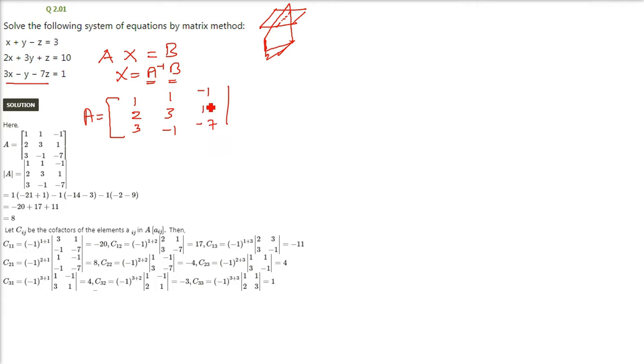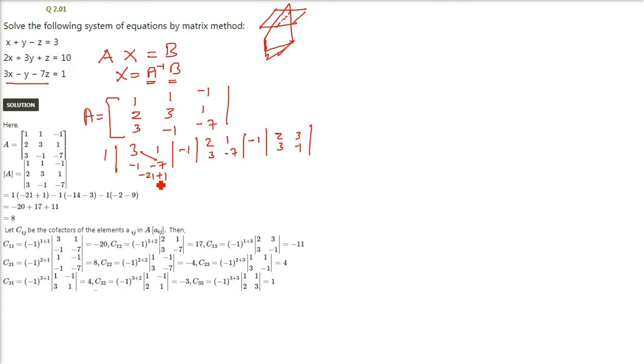So in order to find out the determinant, let us see the determinant. 1, you'll get 3, 1, minus 1, minus 7. I hope you have a fair idea about finding out the determinant. 2, 3, 1, minus 7 for 1, and then -1, and then we have this 2, 3, 3, minus 1. So this is going to be minus 21 plus 1, it is going to be -20.